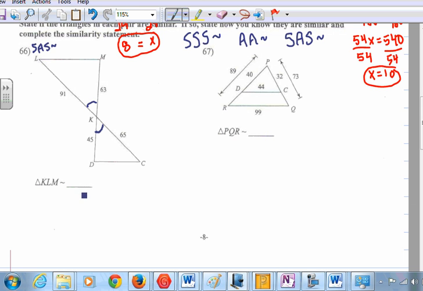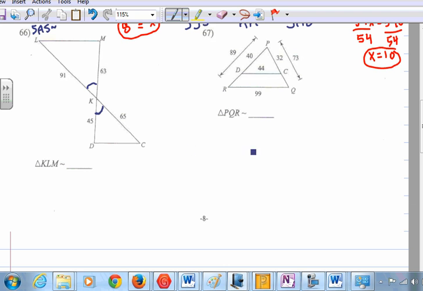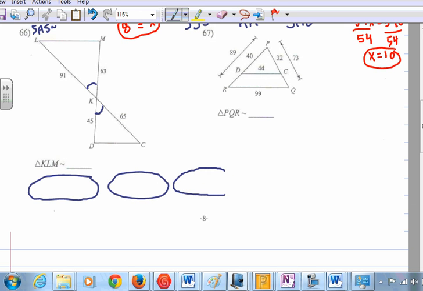So now we need to test it and see if the two triangles in 66 are in fact similar. So the first thing we have to do is label our small side. Our small side in the top triangle is going to be the 63, meaning 91 is our large. Down at the bottom, our small is 45, so our large is 65.